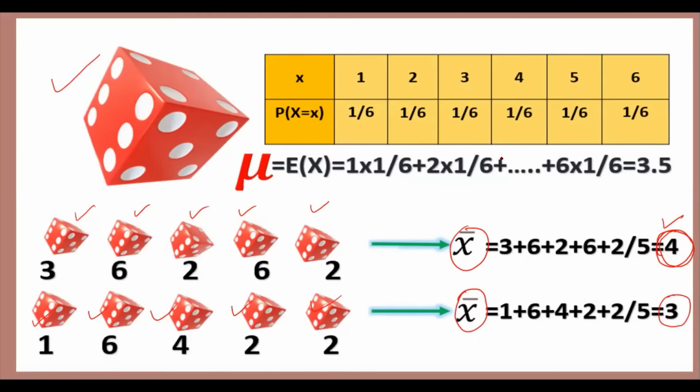Now mu is 3.5. 4 is close to 3.5, though it's not 3.5. 3 is close to 3.5. It's not 3.5. So we have two sample means which are close to 3.5. If you take the mean of the sample means, 4 plus 3 by 2, that is 3.5.